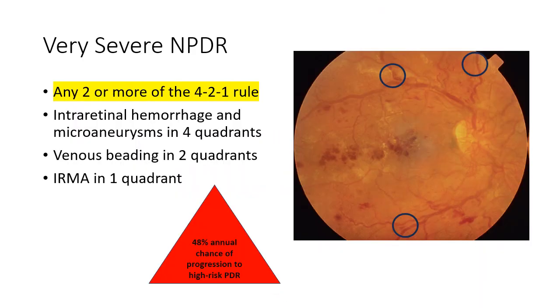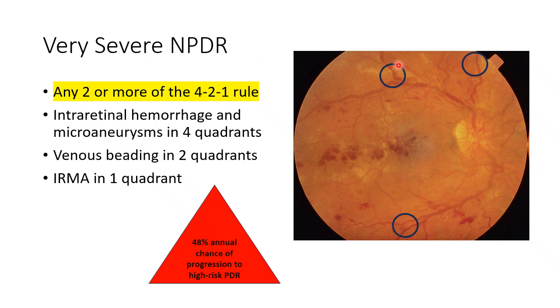Very severe NPDR is any two or more of the 4-2-1 rule. So intraretinal hemorrhages and microaneurysms in four quadrants, venous beading in two quadrants, IRMA in one. In this diagram, I've tried to show venous beading, which is present in three quadrants, and may be present in the fourth quadrant also. So this satisfies the criteria for very severe NPDR.